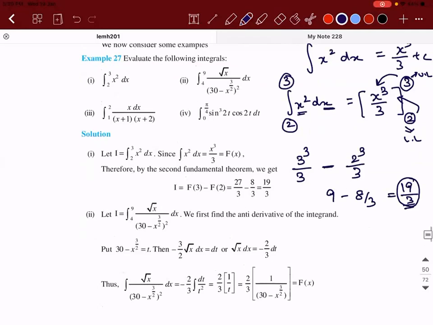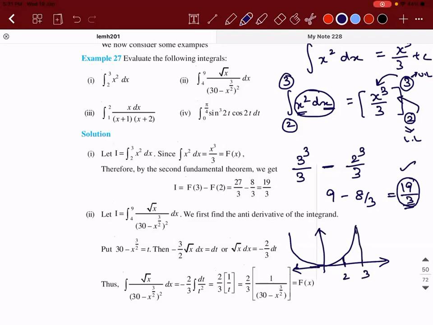Now, the meaning of this 19 by 3 is, if I take a graph sheet and plot the graph of x square, I'll get a curve like this. 2 is somewhere over here, 3 is somewhere over here.